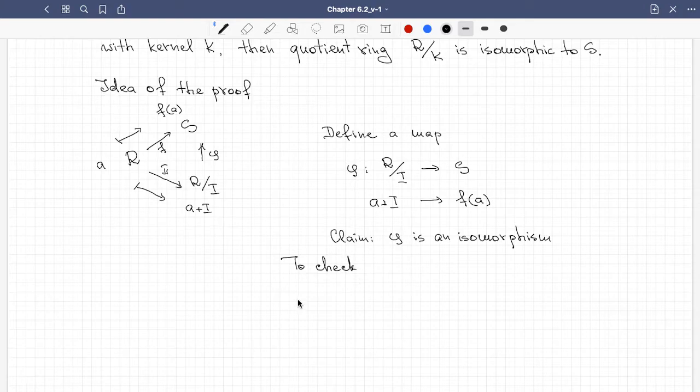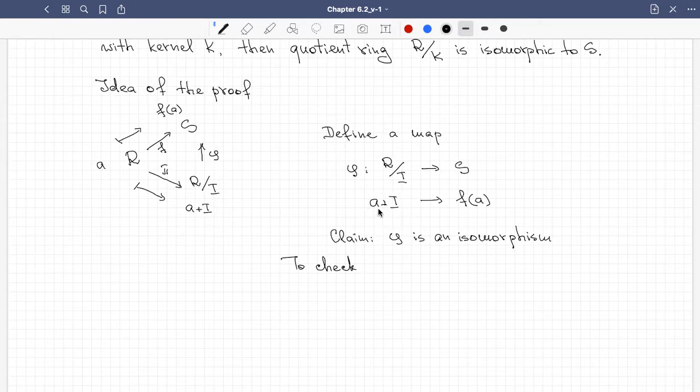First of all, the map is defined using an arbitrary choice of a representative of the coset. If we choose another representative and land in a different element of S, then this map is simply not defined, because we have to define a map from the set of cosets.